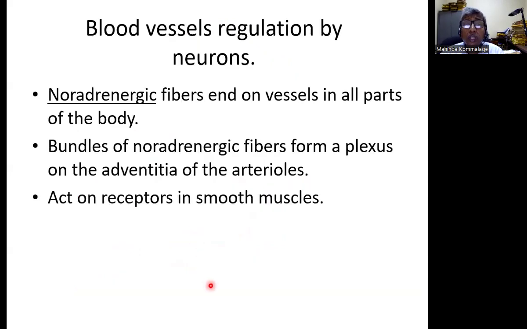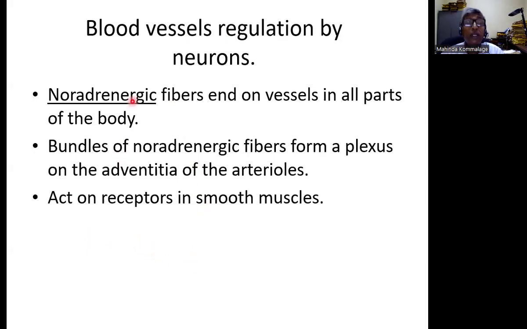So to regulate the blood vessel through the neurons, we have noradrenaline-secreting nerve fibers. Basically, sympathetic nerve fibers that secrete noradrenaline at the nerve endings. When a hormone or neurotransmitter is secreted, it should bind to the receptor, and only then will it do something at the cellular level.